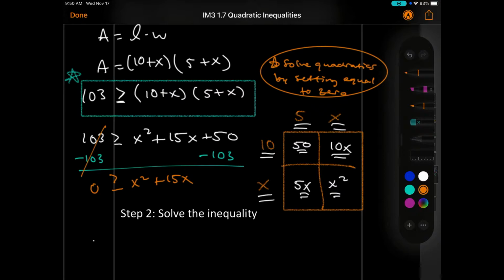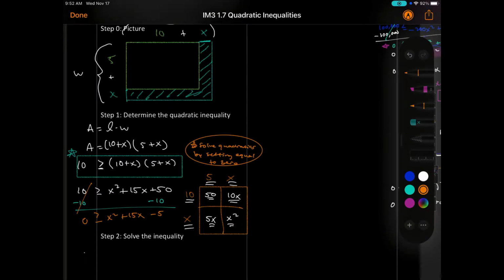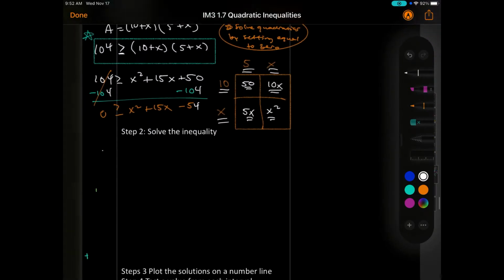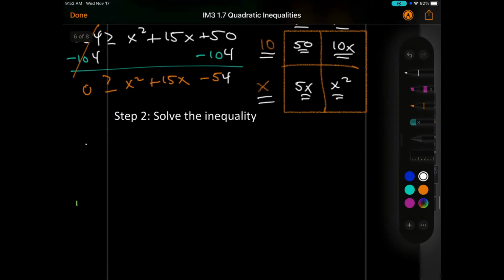And I believe this is going to be negative 53. I realized that it's 104. And this would give me negative 54. Okay, how do I solve the inequality? Well, the easiest method, but won't always work, is to factor. So let's go ahead and try factoring this.